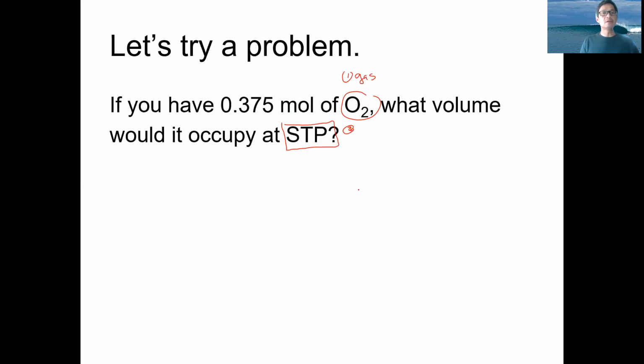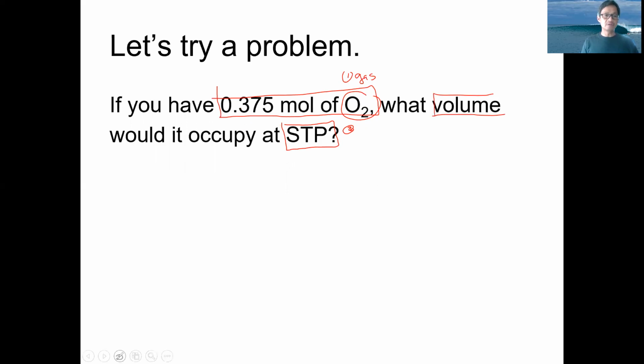So with that said, we ask ourselves the 3 basic questions. So this is a conversion that we can do. The first question is, what are we starting out with? We're starting out with the moles of this gas, and we're trying to find the volume occupied by that gas.